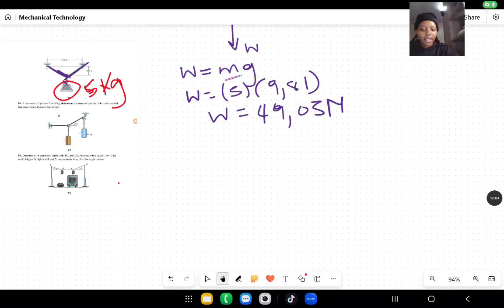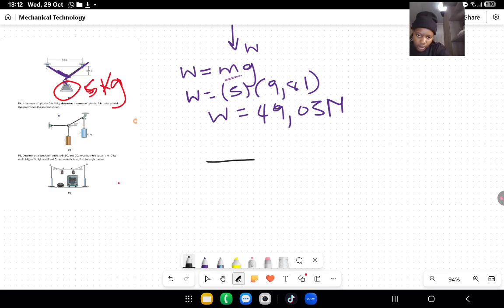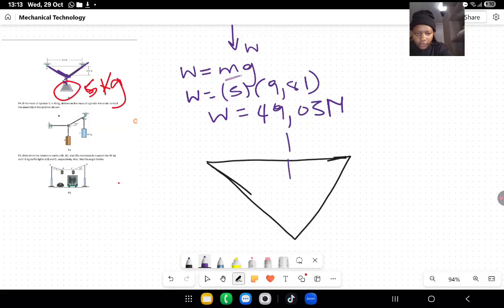Okay, now we have to draw our triangles. This is half again, this is our 0.15.